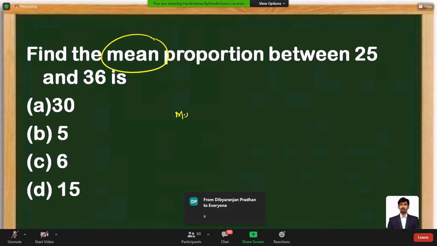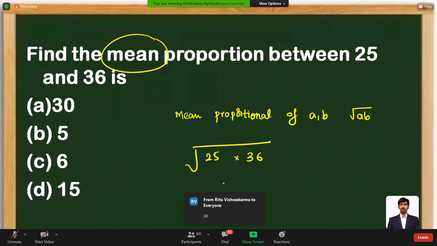What is the mean proportional of A and B? The mean proportional of A comma B will be given as root over AB. Here 25 and 36 are there. So the square root of 25 into 36 is 5 into 6, which gives a result of 30. Available as option A, mark it as the answer choice.